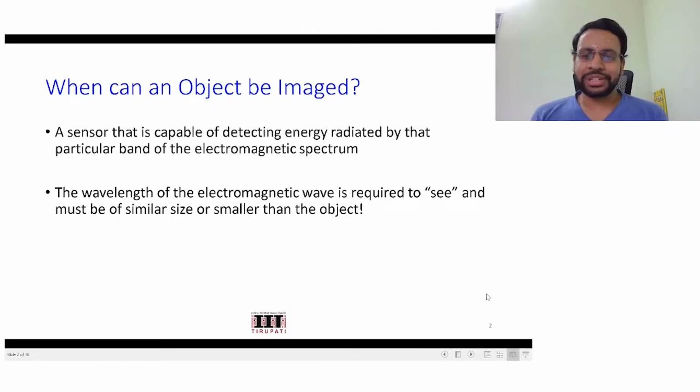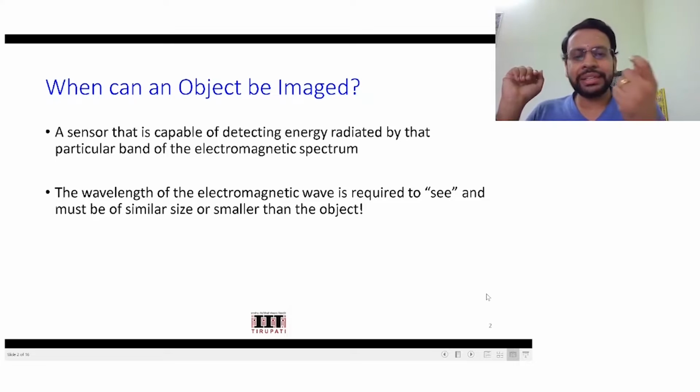One common question that comes to mind is when can an object be imaged? There are two important aspects here. One is you should have a sensor that is capable of detecting the energy of the electromagnetic wave, or for that matter any other signal that interacts with the object and is affected by the profile of the object.